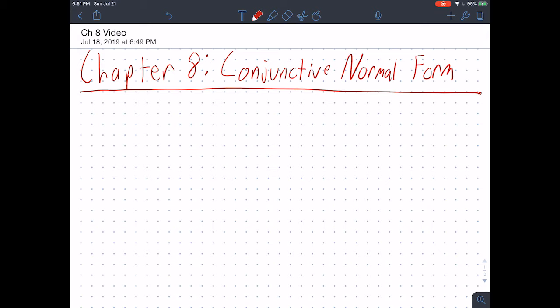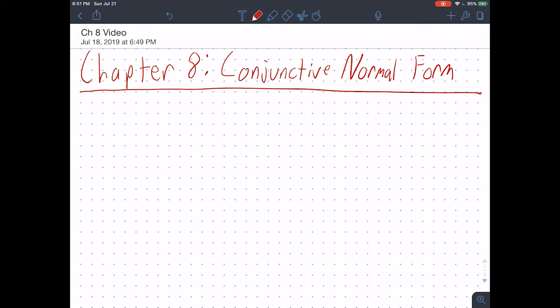So in the last chapter you learned a bunch of equivalency rules that you can use to replace schemata or parts of schemata with other schemata that they are equivalent to. Today, in this video, we're going to learn why we did that.